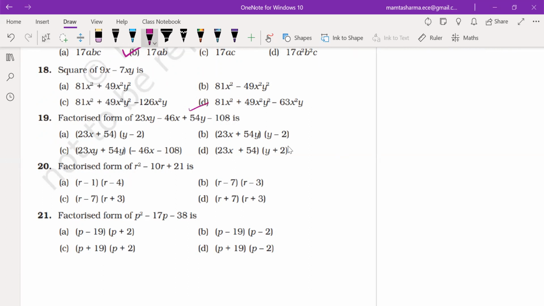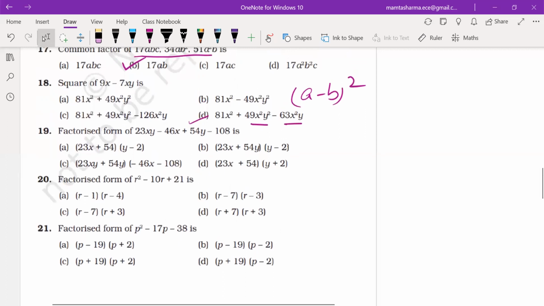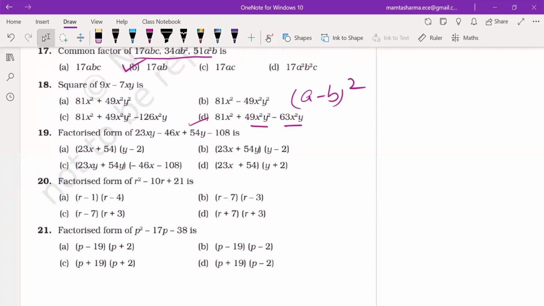18 D, square of this: 81 is square, 49xy. Use the identity (A minus B) square. Correct? No, I think not correct. Shubhra, this is wrong. A square plus B square minus 2AB.